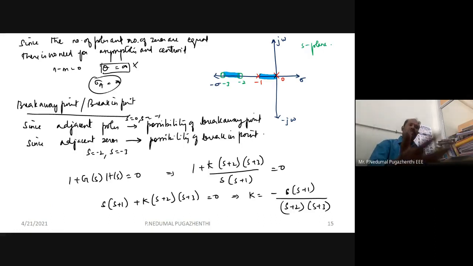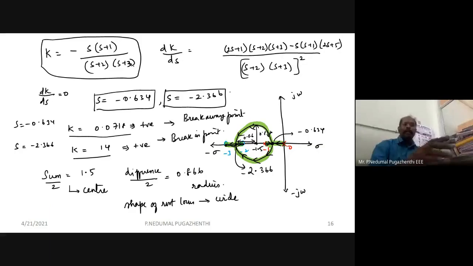So take your characteristic equation, try to find an equation which gives k equal to some form, then take dk by ds equal to 0. You will get the points which you can fix in the k value and check whether it is positive or not. If it is positive, then it will be a breakaway or a break-in point, and it depends upon where the point is located. If it is between adjacent poles, it is going to be a breakaway point. If it is between adjacent zeros, it is going to be a break-in point.